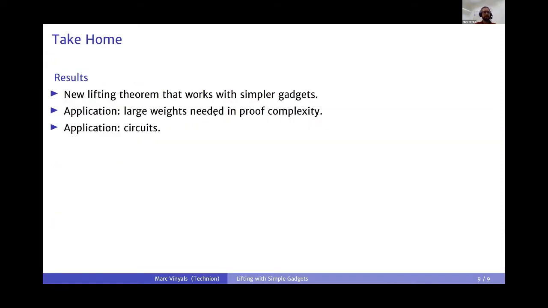So to summarize, we proved a new lifting theorem that works with simpler gadgets. And because of that, we were able to prove that large weights are actually needed in cutting planes. And we also had some applications to circuit complexity. Now, where do we go from here?